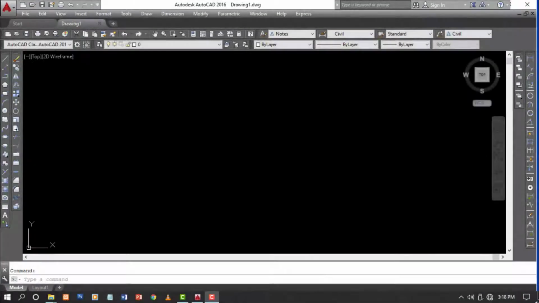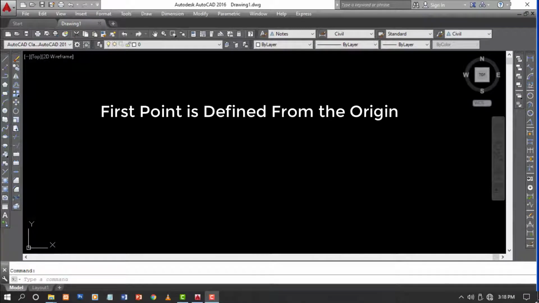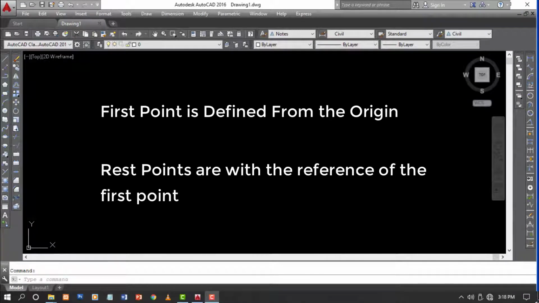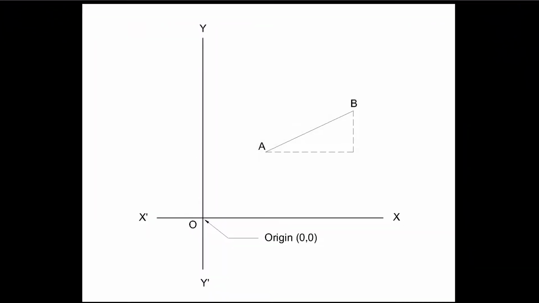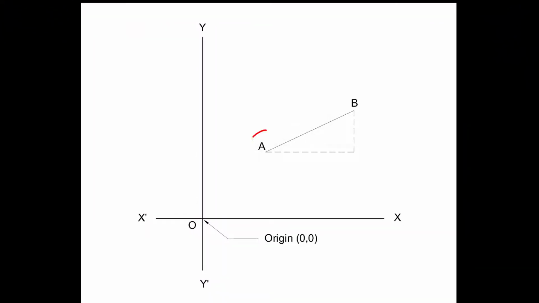In this system, the first point is defined from the origin, but the next points are denoted with the reference of the first point. Let's take this figure for explaining. Suppose position of point A is 50, 50 and the distance of point B along the y-axis and x-axis are 100 unit and 50 unit respectively.